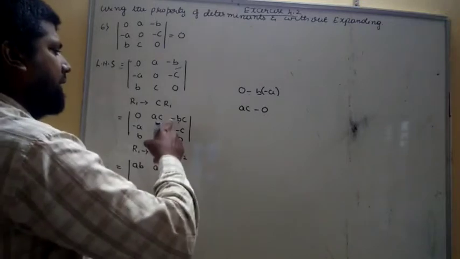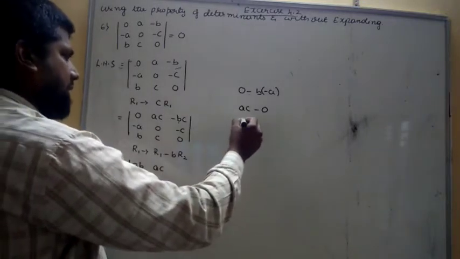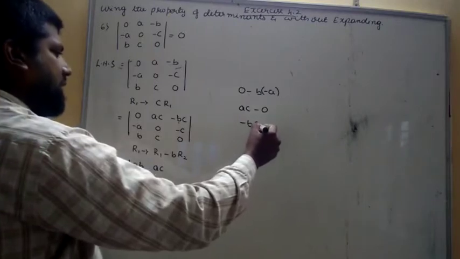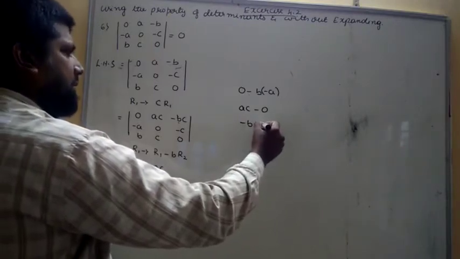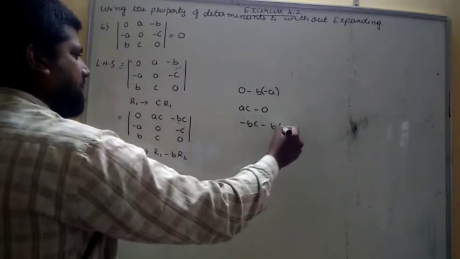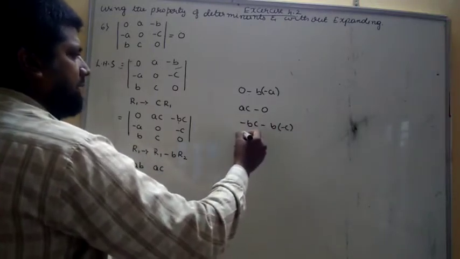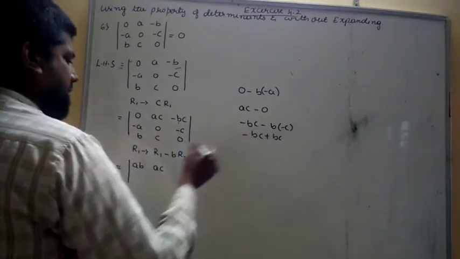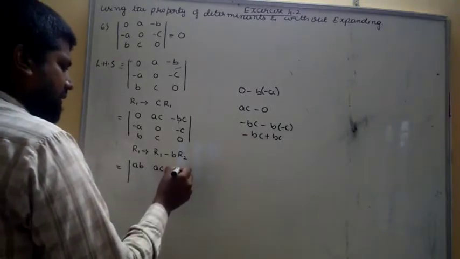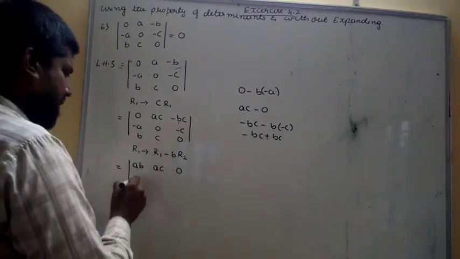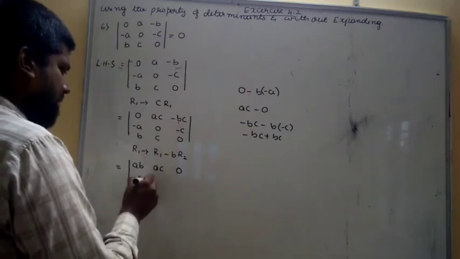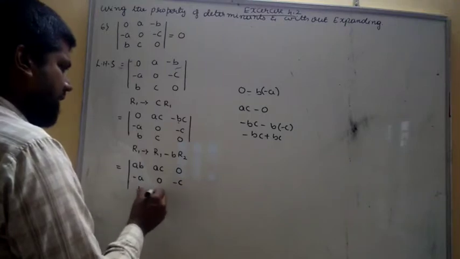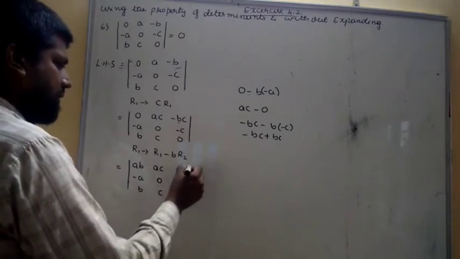Then the next element is minus BC minus of B into minus C, so minus BC plus BC get cancelled, and you are getting the value 0. The second and third rows stay as minus A, 0, minus C and B, C, 0.